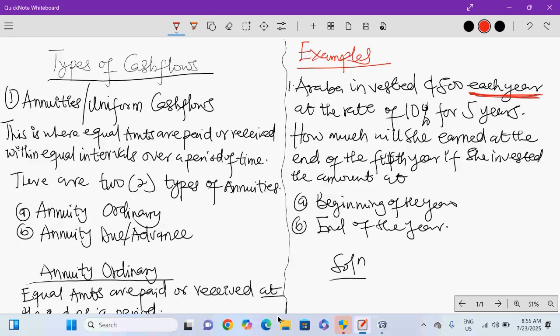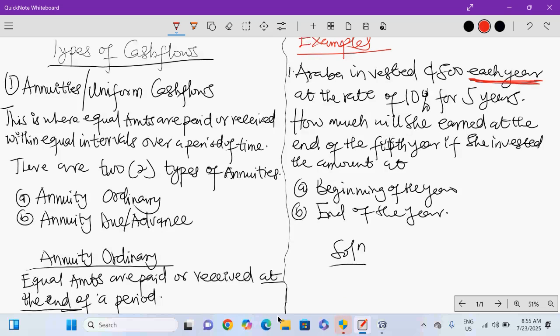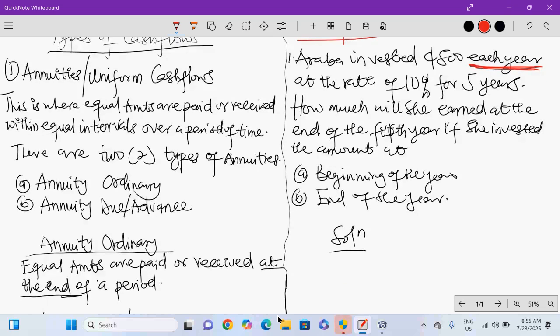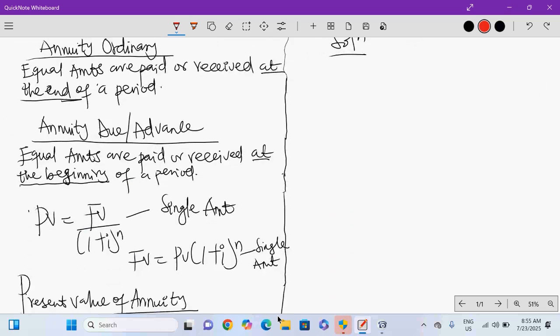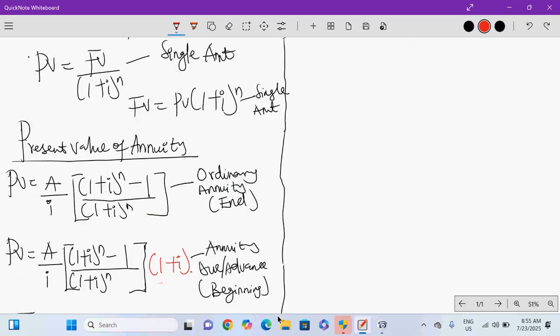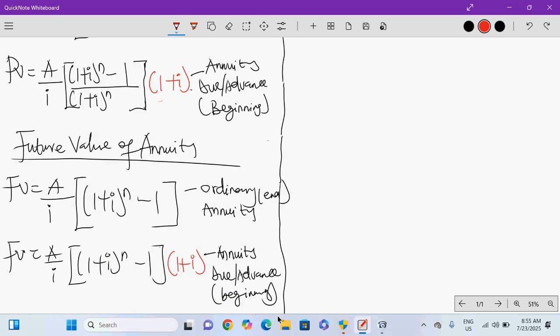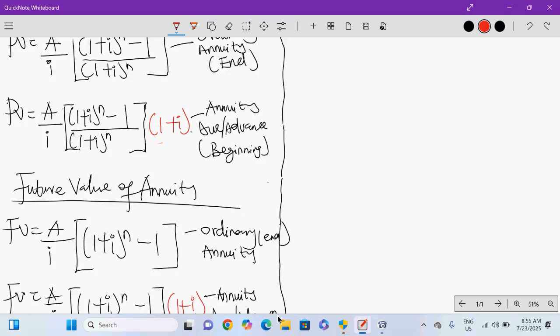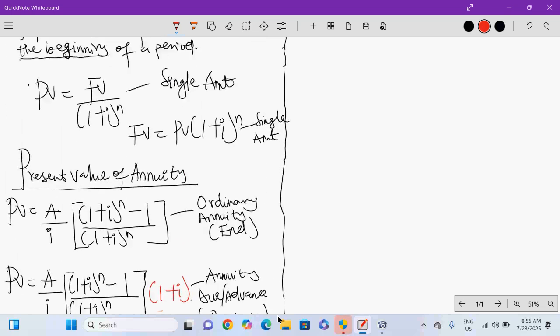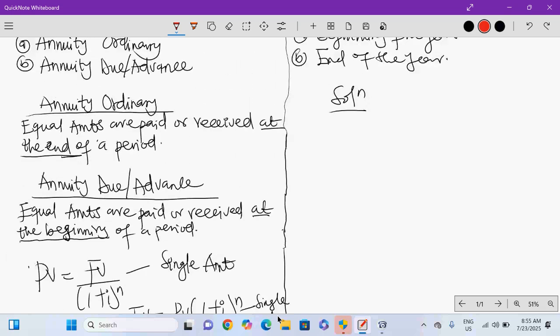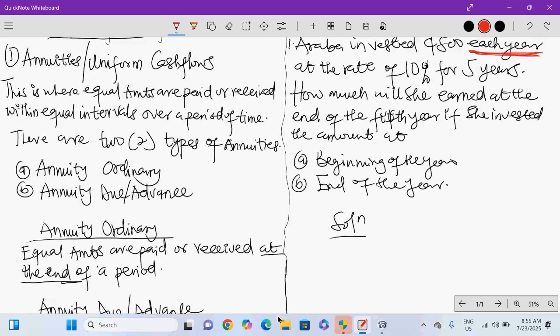So the next question is to ask ourselves whether we are going to use the present value formula or the future value formula. We have present value of annuity, we have future value of annuity. So which of them are we going to use?